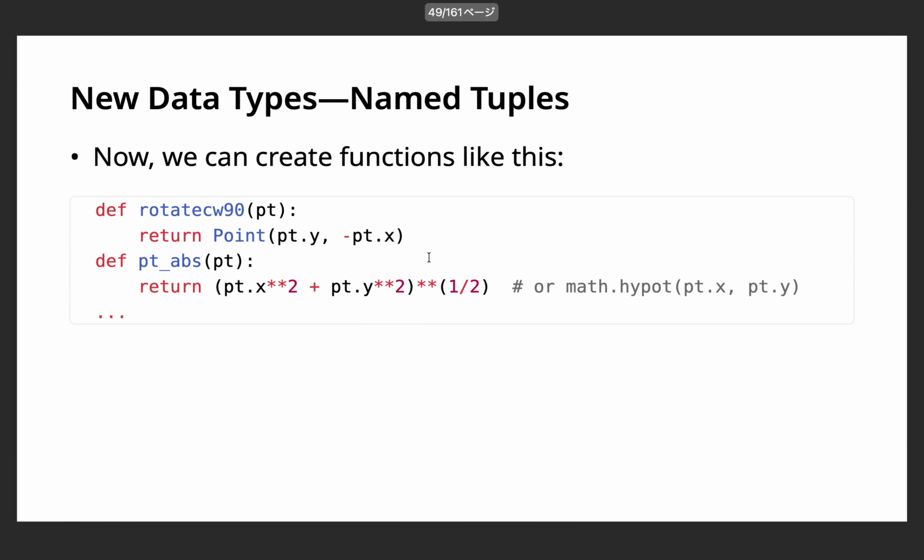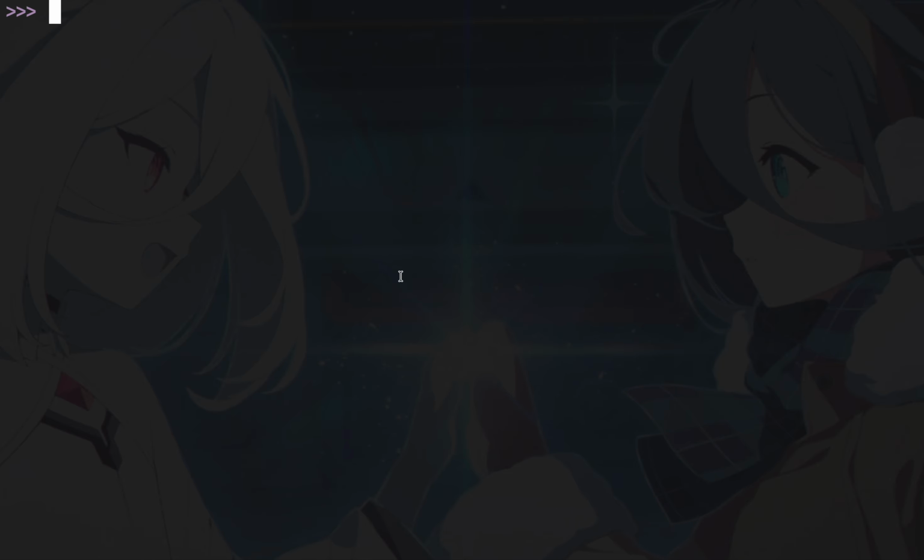So now, the functions that we wanted a while ago, we could now create our own functions that take in points, and they will use those points like this. If you want to rotate this point counterclockwise by 90 degrees, then you would result in this point. So for example, if you want to rotate the point x is 3 and y is 0, so this is just 3 steps to the right on your x-axis.